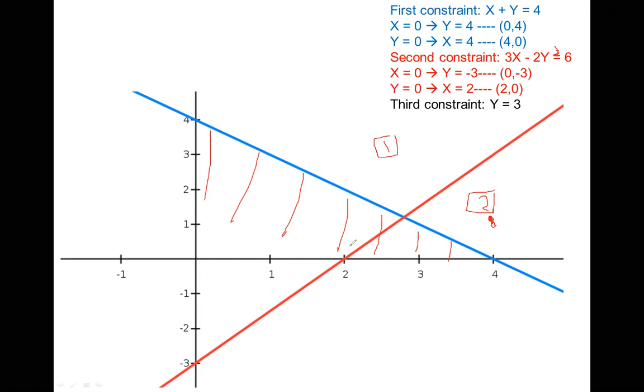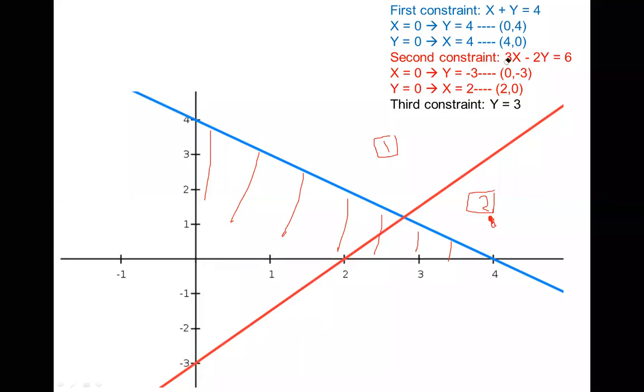So now we need to decide which area, 1 or 2, is against a sign. So we have 3x minus 2y greater than... okay, the second constraint.